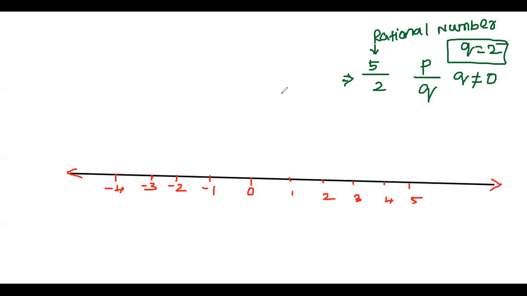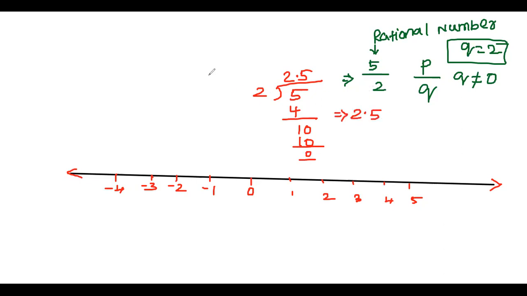So he converted that fraction in the form of a mixed fraction. You don't have to do it. You can simply convert this fraction by dividing. 2 twos are 4. The remainder is 1. Keep a decimal point, include 0. 5 twos are 10. So 5 by 2 is obviously 2.5, isn't it?